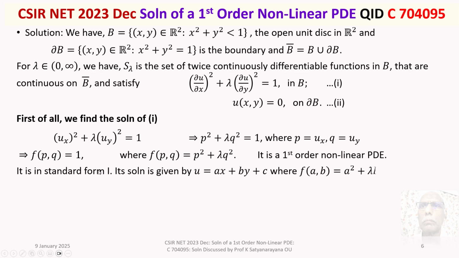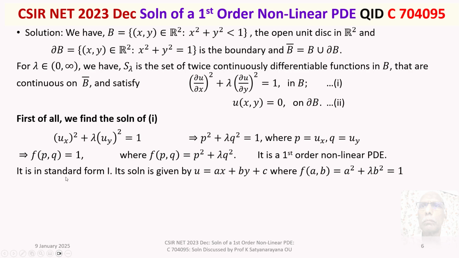In many standard textbooks, we denote the partial differential equation of the form f of (p, q) is equal to 1 as the standard form 1. It is a function involving p and q only.